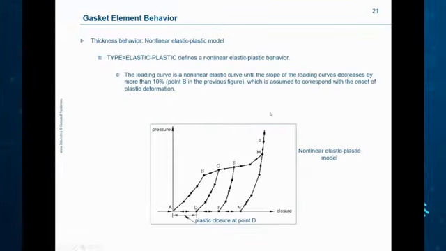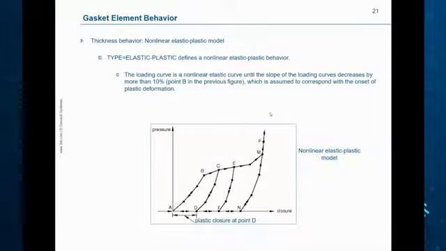The other type of behavior that we offer is elastic plastic. And in this case, when you unload, you have a plastic or a residual closure. That is, the thickness has been permanently changed and is smaller. And you can see that here.